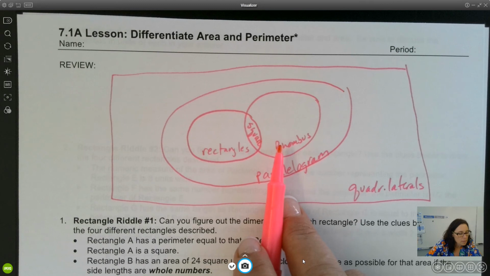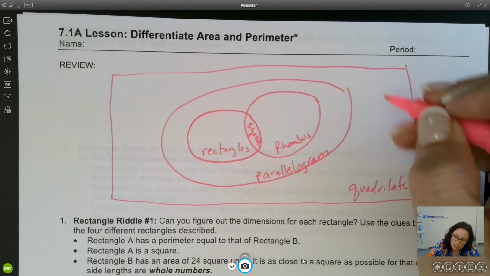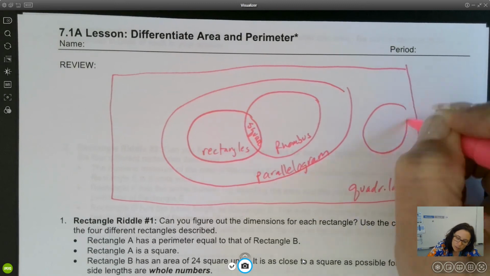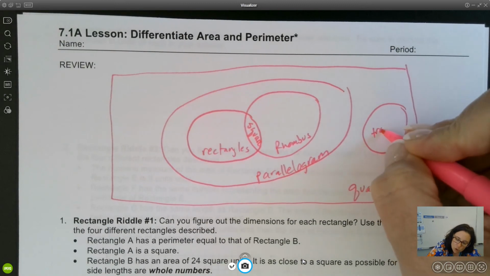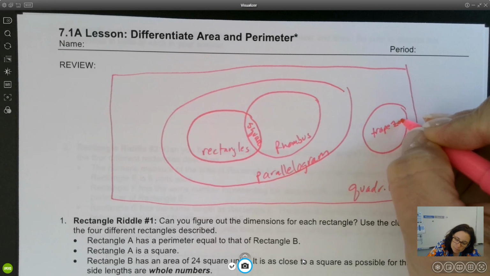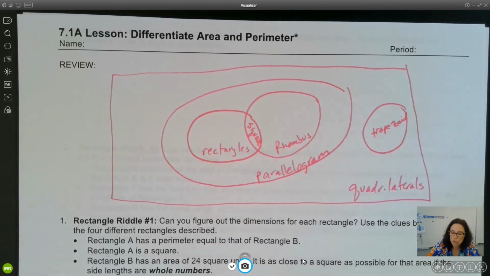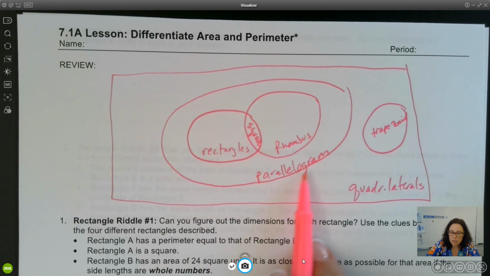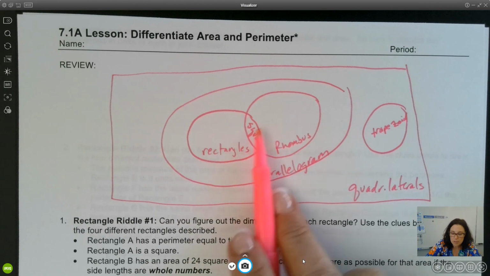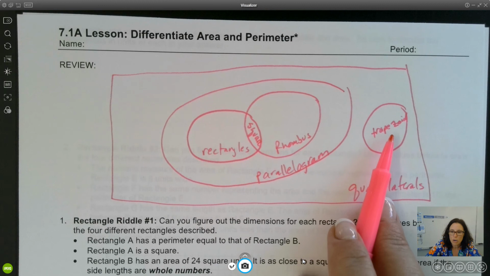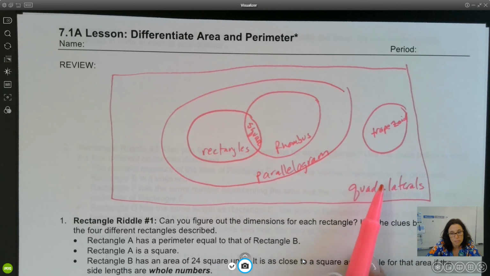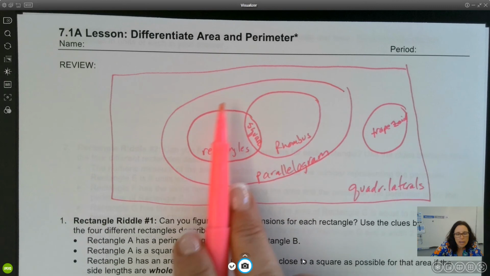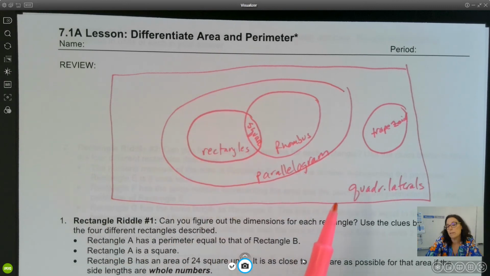The one last thing we need is over here, trapezoid. A trapezoid never has anything to do with these things, and these things never have anything to do with a trapezoid. However, a trapezoid is another form of a quadrilateral. So you need to understand how this Venn diagram type thing reads.